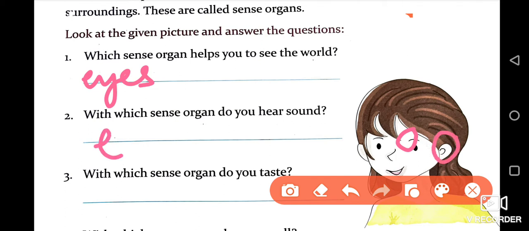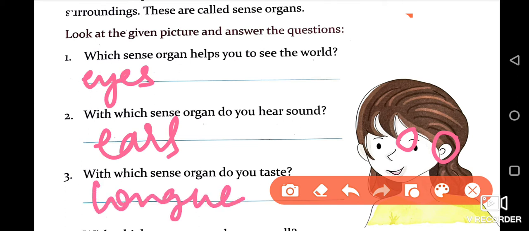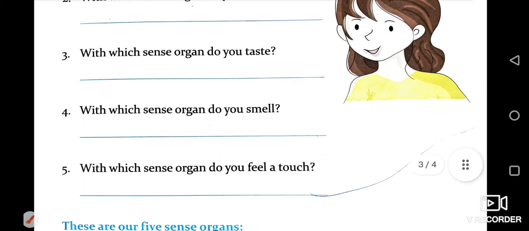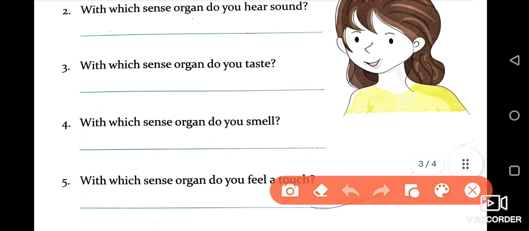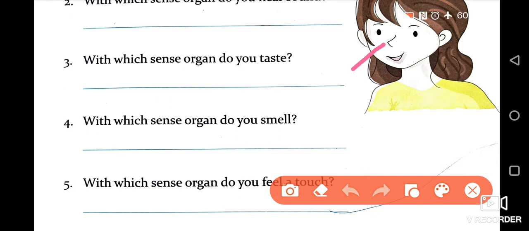Yes, that is our ears. With which organ do you taste? Yes, that is our tongue. With which organ do you smell? Yes, that is our nose.